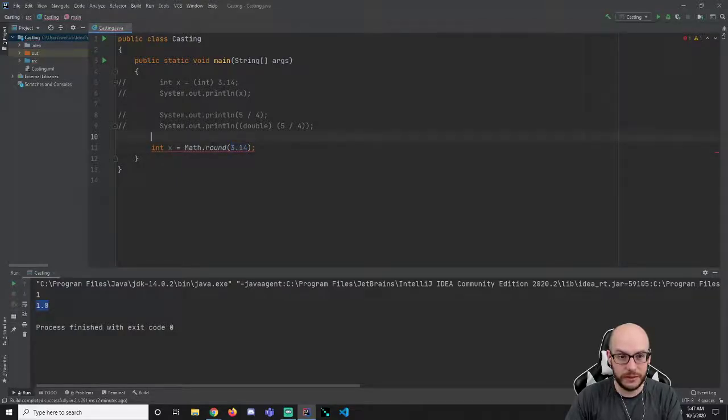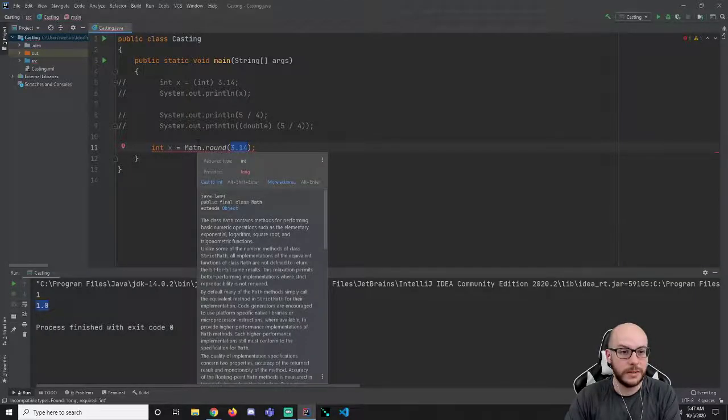But if you scroll over this error, it's red, IntelliJ's not happy. It tells us that this is returning a long. It has to, again, because the number range for double is larger than that of an integer, so it's possible that whenever you round whatever double here, it's too large to fit into an integer, so it's producing a long data type.